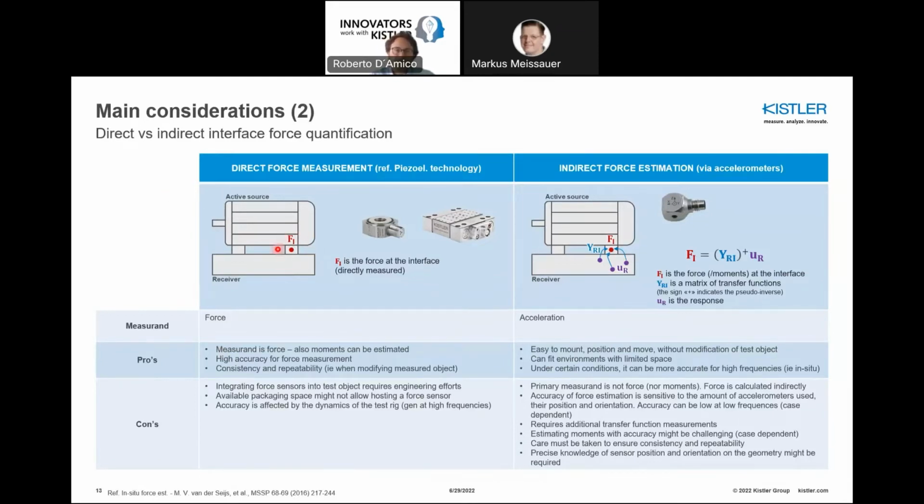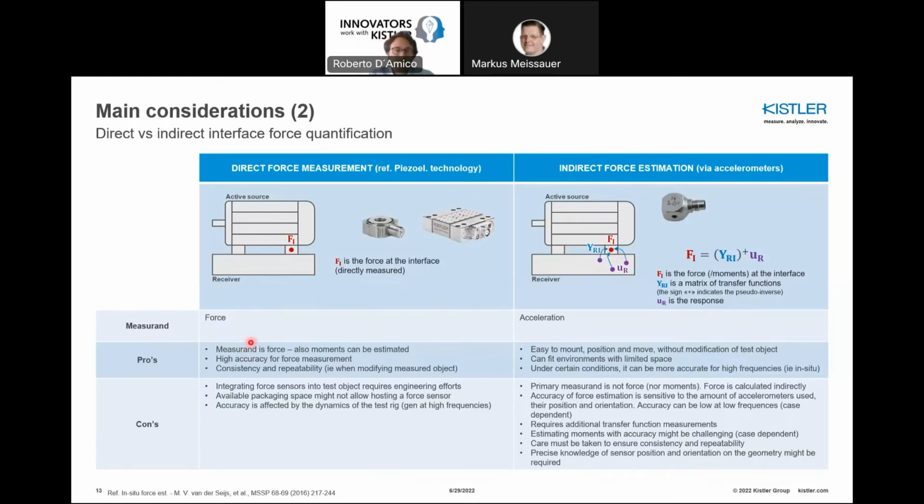Either you do that with a force sensor, so just placing a force sensor in between the active source and the receiver, or you could also consider doing the so-called in situ measurement, exploiting the fact that acceleration and forces are linked through some sort of transfer functions. So indirect force estimation, I call it.